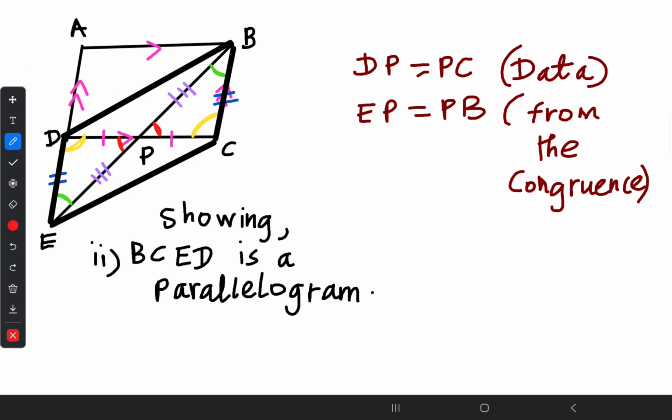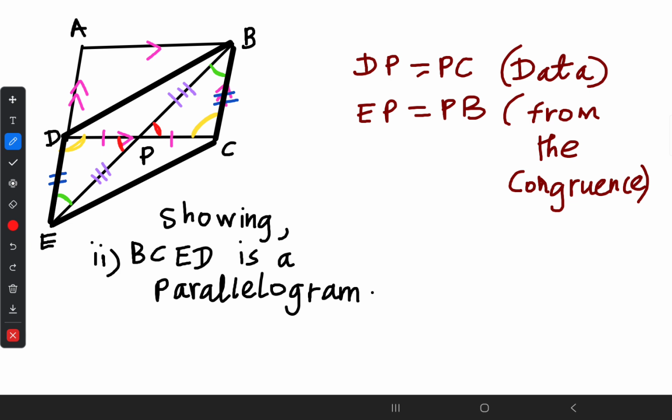These two are diagonals. EB is a diagonal. DC is also another diagonal of this particular parallelogram in interest. BCED is the parallelogram in interest. There are several parallelograms here, but we are concerned about this one.